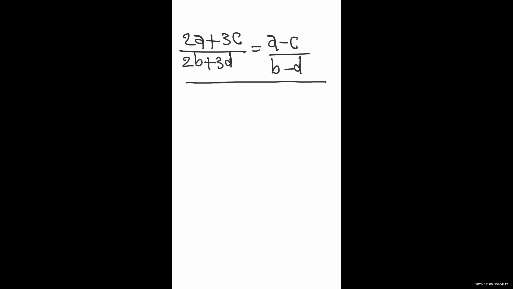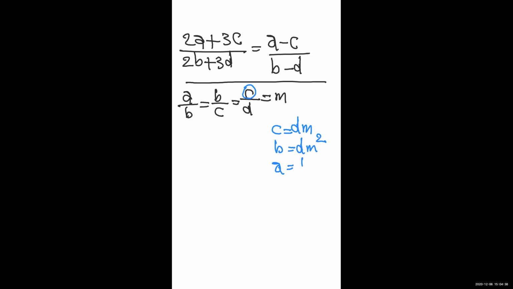If A and B and C and D are in continued proportion, prove that 2A plus 3C over 2B plus 3D equals A minus C over B minus D. Like before, A over B equals B over C equals C over D equals M. So C equals dm, B equals dm squared, and A equals dm power 3.